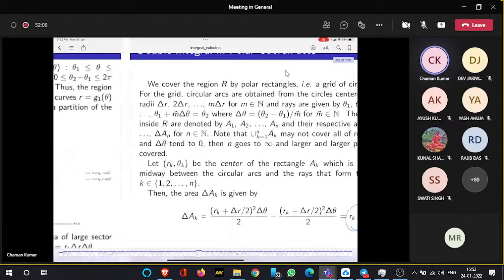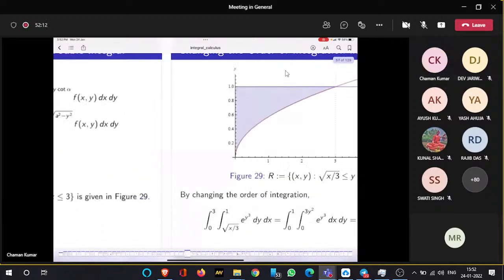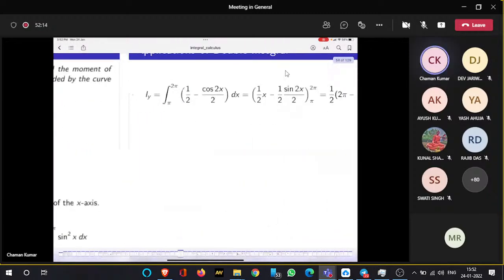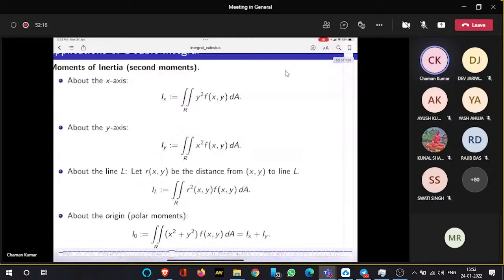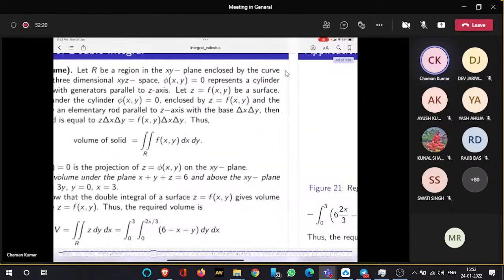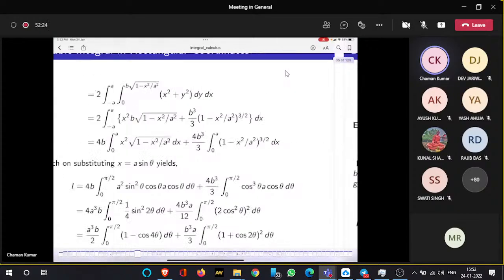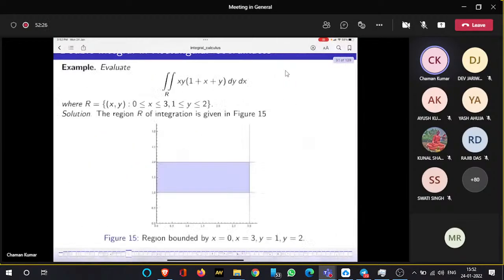I have told you 5 types of integrals: double integral in rectangular, double integral in polar, triple integral in rectangular, triple integral in cylindrical, and triple integral in spherical. In all these cases, constructing the Riemann sum is not difficult.